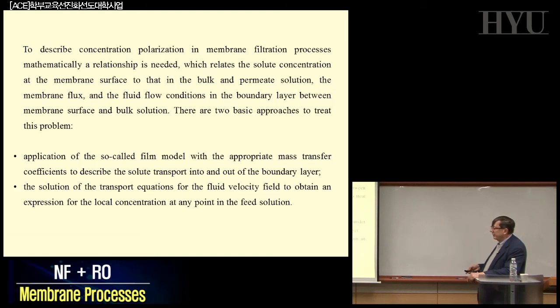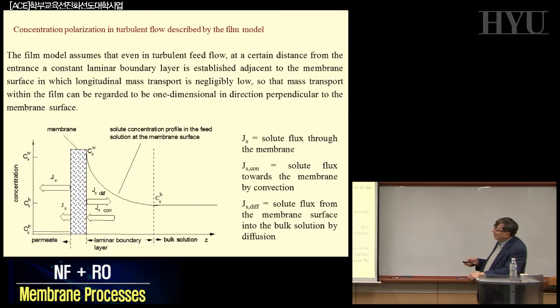With the film model, even if you are working in a turbulent flow, at a certain distance from the membrane surface, at a certain distance from the entrance, you always have a constant laminar boundary layer, which is established adjacent to the membrane surface, and in which longitudinal mass transport is negligibly low. So the mass transport within the film can be one-dimensional, perpendicular to the membrane surface. And that's what is normally done. So you have to integrate basically only across the boundary layer of the system.